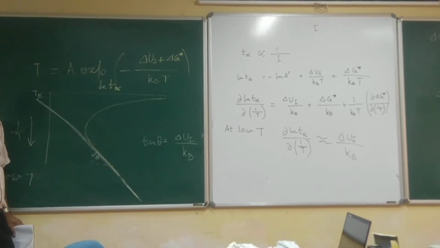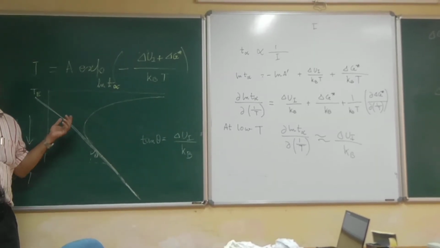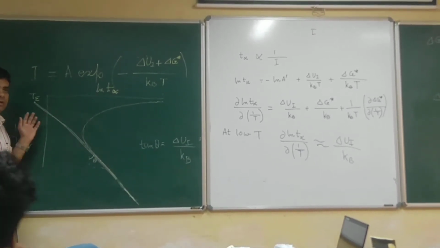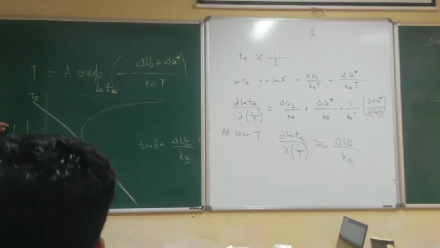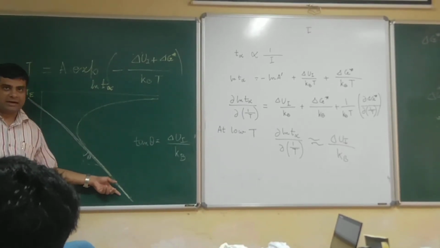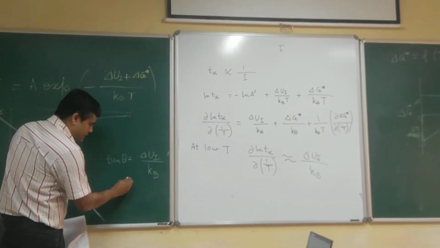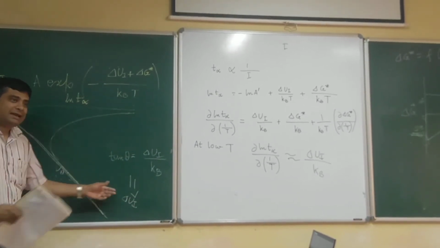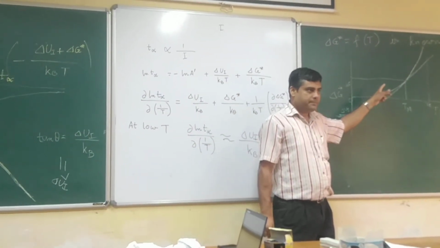So from this slope, if you know the transformation rate for a particular fraction transformed, if you have this curve for a fraction transform, you just, instead of a TTT curve, draw it in terms of reciprocal temperature, and at the lower temperature from the linear part you find out this slope, and from that slope you can find delta ui, and that delta ui you can use here to find out Tm.